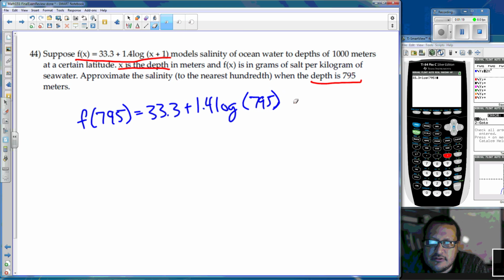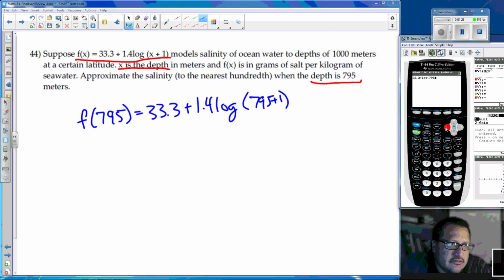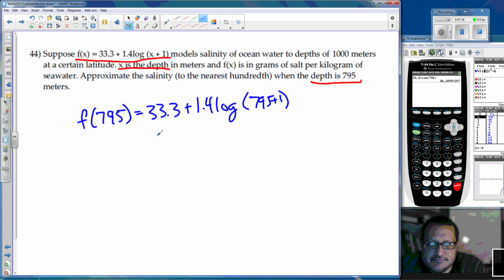So 795 plus 1 is 796. Let's change that to 796 and 36.2.